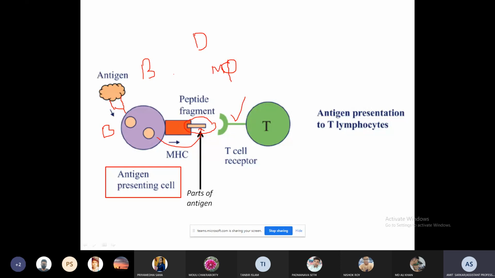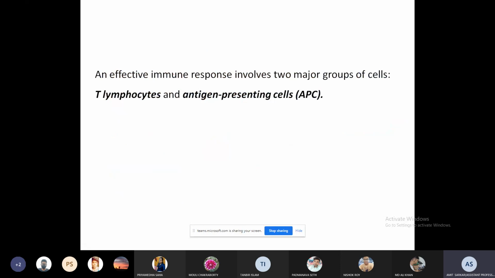So certain types of cells are known as antigen presenting cells, such as B cells, macrophages, and dendritic cells as well. Okay, so that's why I was saying that an effective immune response always involves at least two major groups of cells, T lymphocytes and antigen presenting cells, whose acronym is APC.